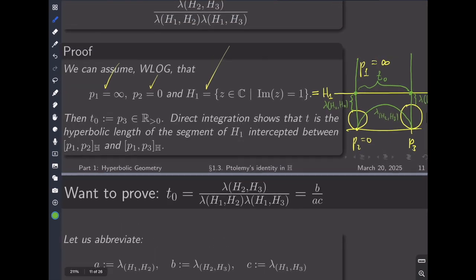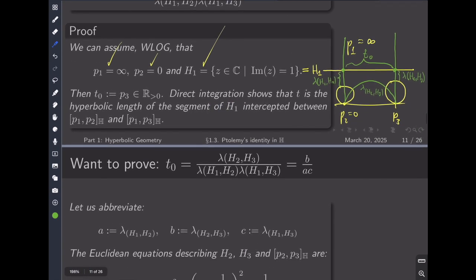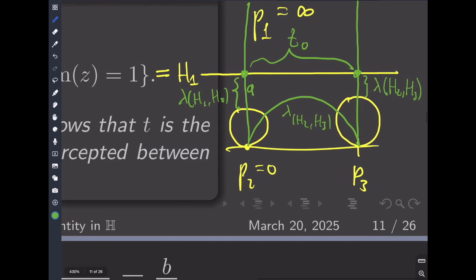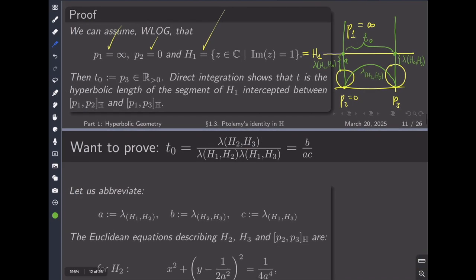Now we make these abbreviations. So A is lambda between H1 and H2. So this segment here is A, but of course I mean the lambda length.